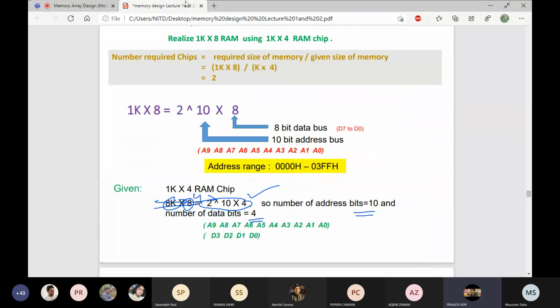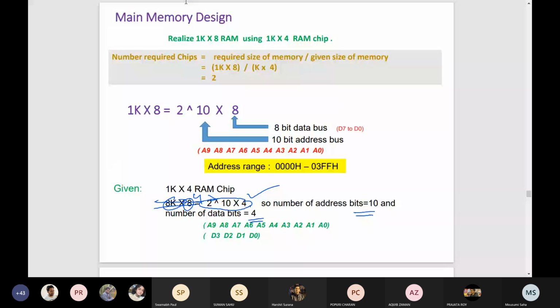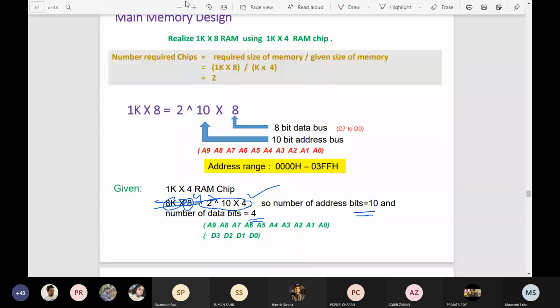Okay, so the last question was to design 1K by 8 using 1K by 4. The address space is the same, but the data bits are different.